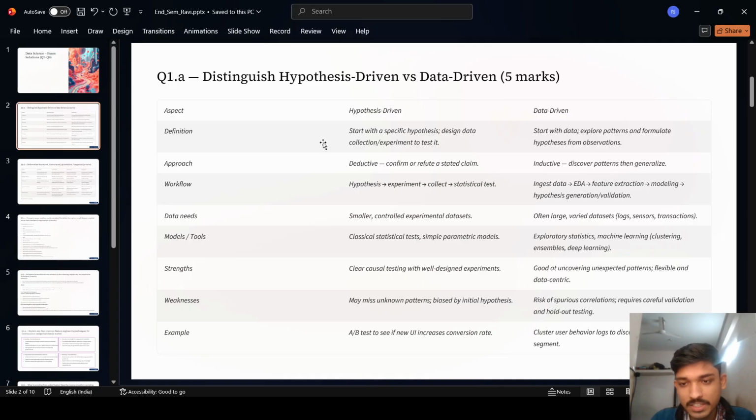Data driven has a risk of spurious correlations, requires careful validation and holdout testing. The last one is examples. Hypothesis driven has an A/B test to see if a new UI increases conversion rate. Data driven example is clustering user behavior logs to discover high value user segments.